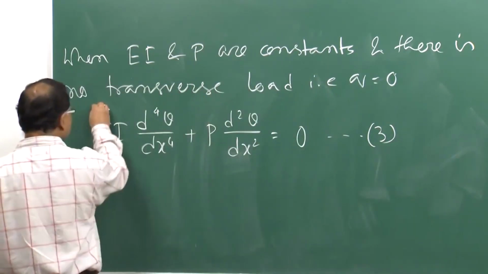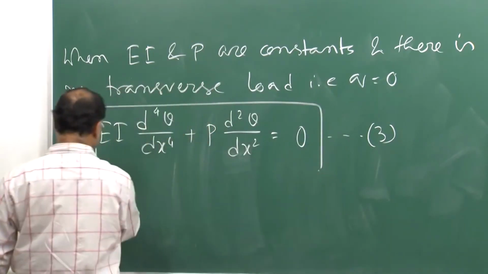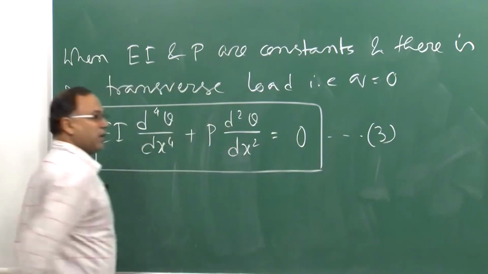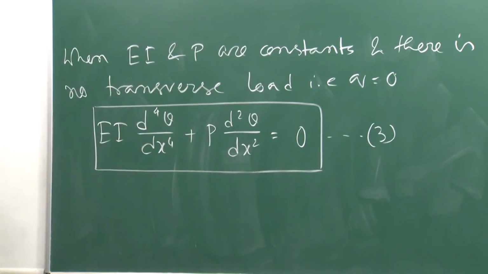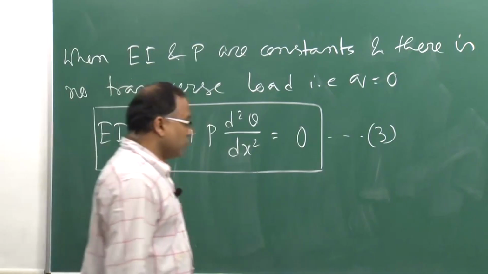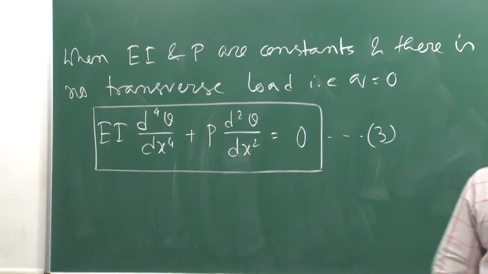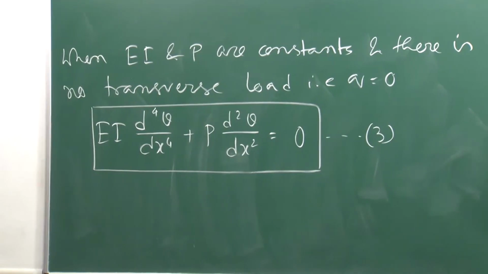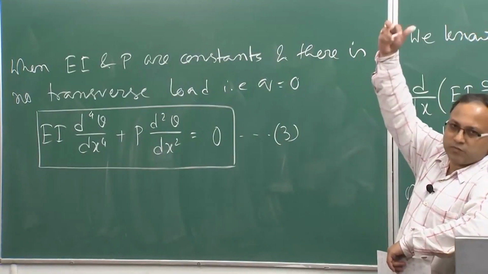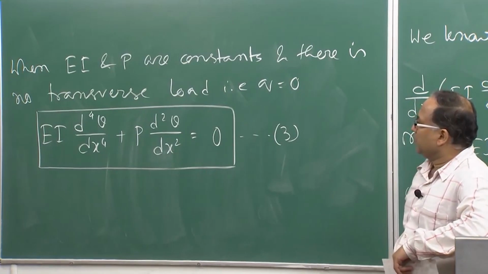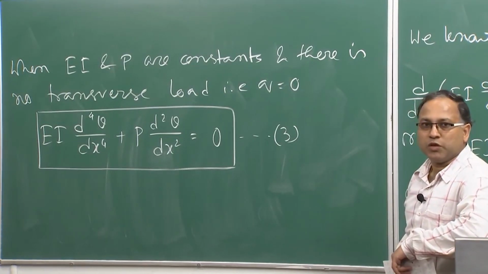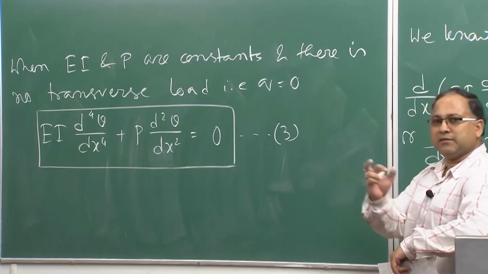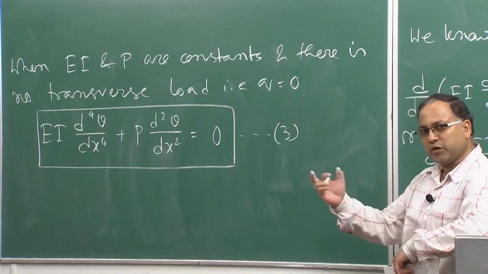A very, very important equation in buckling. So EI d4v/dx4 plus P, that is the vertically applied force if you consider a column, into d2v/dx2, where v is nothing but the lateral movement or the lateral deflection.